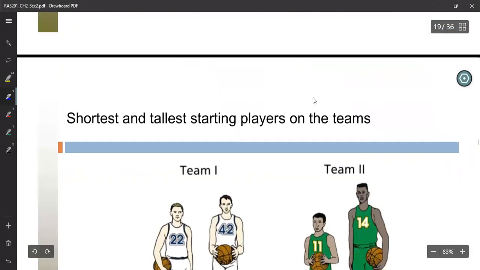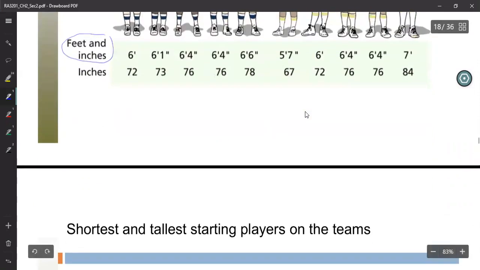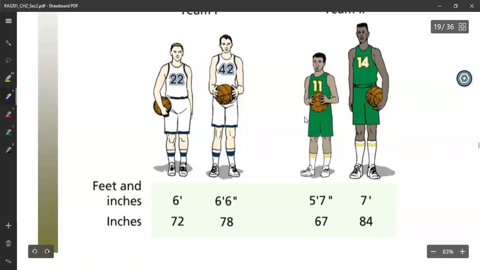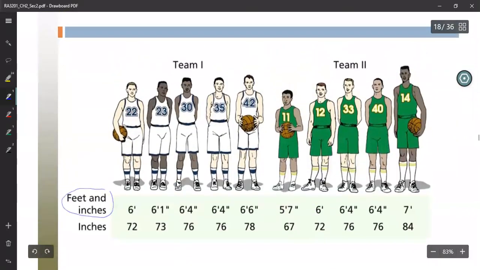So let's try to do some calculations. If you look at team 1 and team 2, the shortest and the tallest players, in team 1 the shortest player has 72 inches and the tallest has 78 inches.